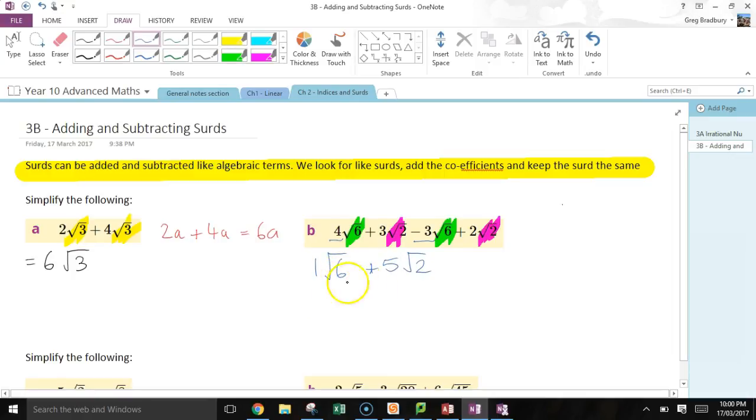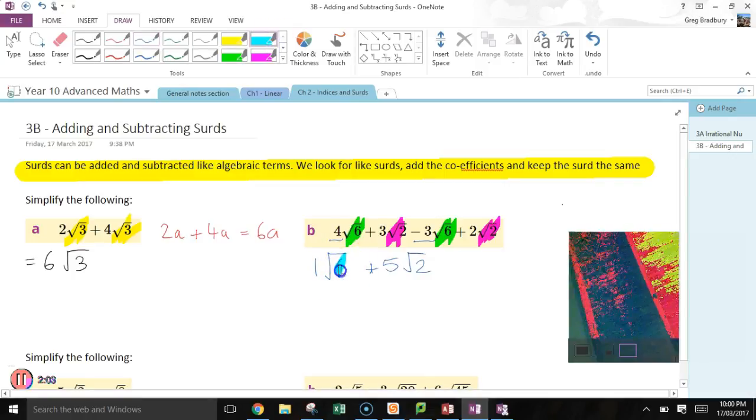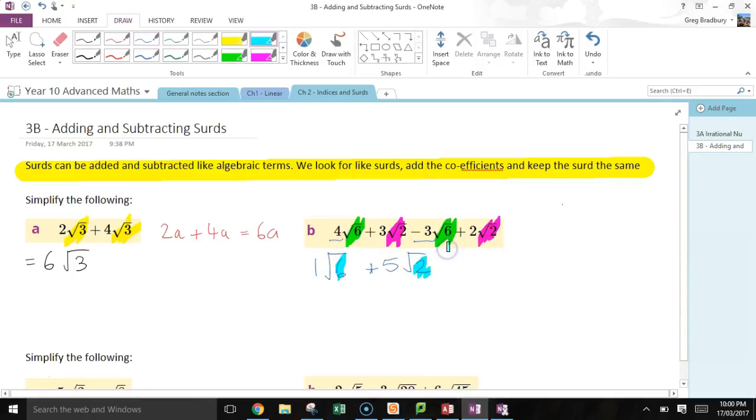Again, these are like algebraic terms. If this was an A and this was a B, this could not be simplified any further. And it's the same with this. The only thing we might do is you wouldn't say 1A, you just say A. So this is equal to root 6 plus 5 root 2, and that's as simple as you can go.